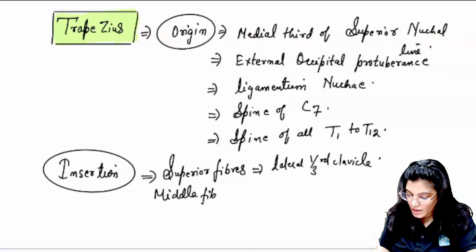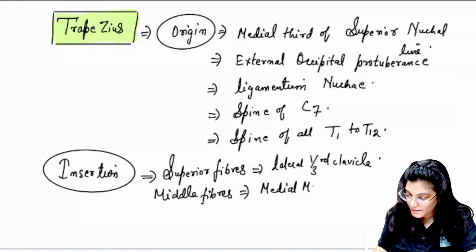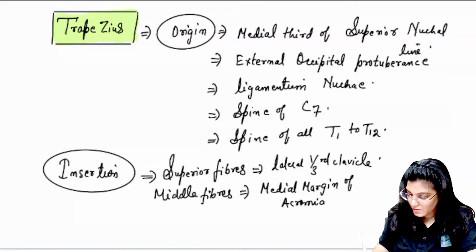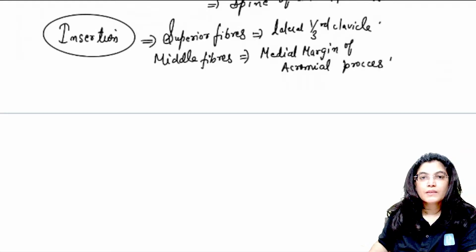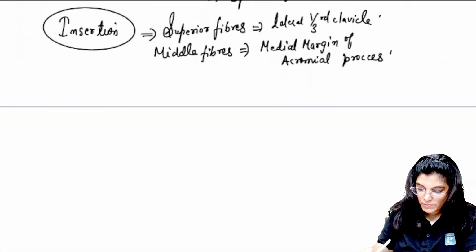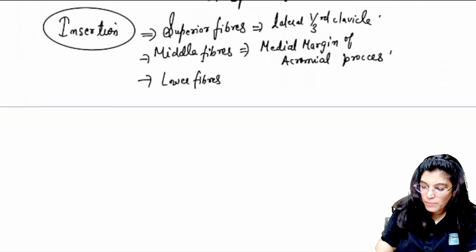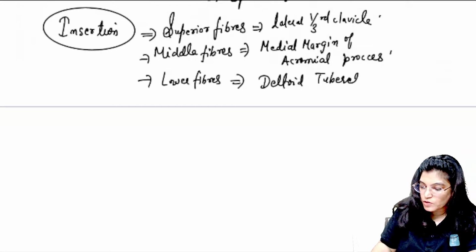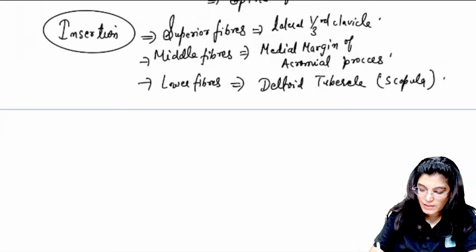The middle fibers move horizontally and insert into the acromial process, to be more specific, into the medial margin of the acromial process. And the lower fibers pass upward and laterally to insert into the deltoid tubercle of the scapula. So they insert into the deltoid tubercle of the scapula.